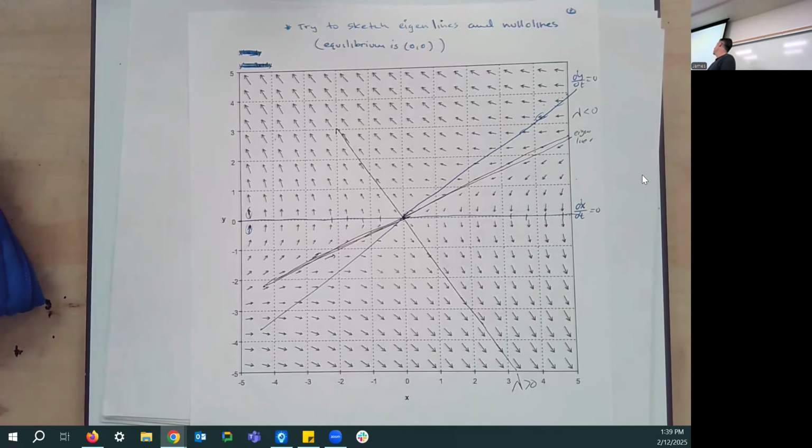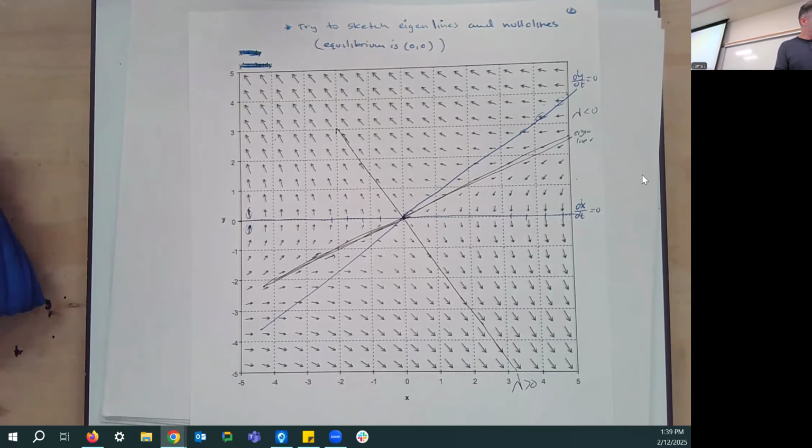All right, so drawing these is always kind of the challenging part, which is why you should practice it on your own.